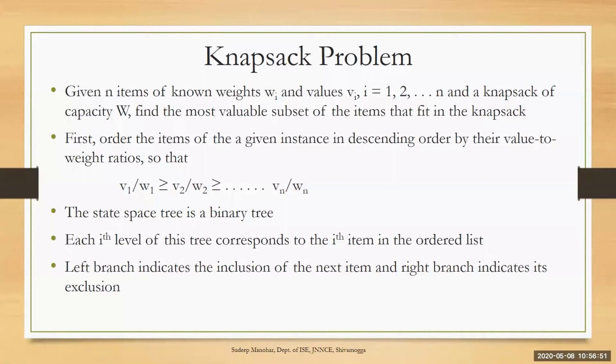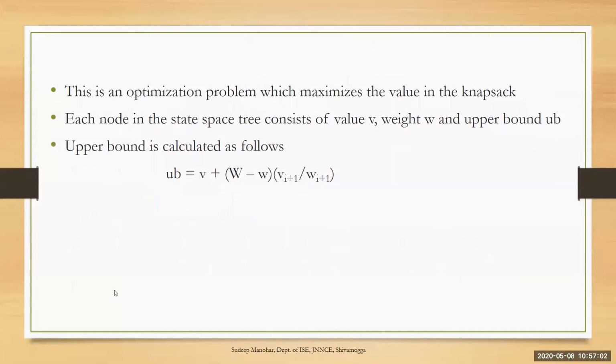We have seen this kind of state space tree in the subset sum problem, where we used this with and without concept. What kind of problem is this? It is an optimization problem. And in optimization, there are two kinds. One is maximization, the other is minimization. Here, whether we maximize or minimize the value, we maximize the value that fits into the knapsack, isn't it?